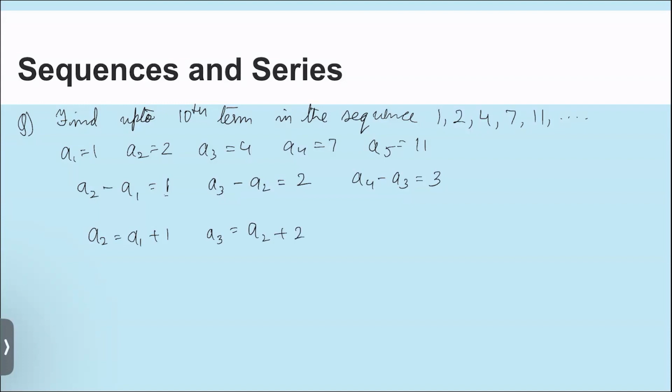Okay, so if you just do, then your A4 becomes A3 plus 3, and your A5 also eventually becomes A4 plus 4. In this you can find a pattern that AN can be written as A(N minus 1) plus N minus 1.